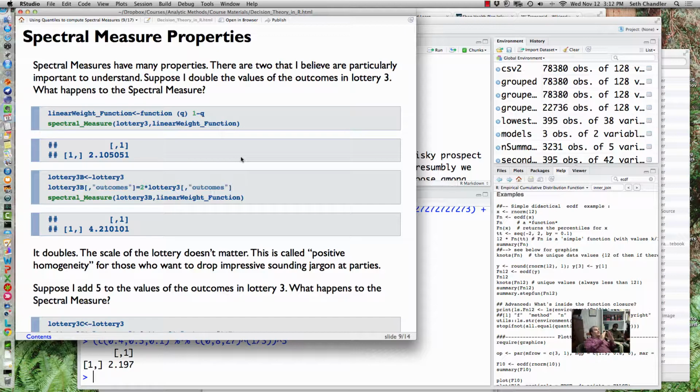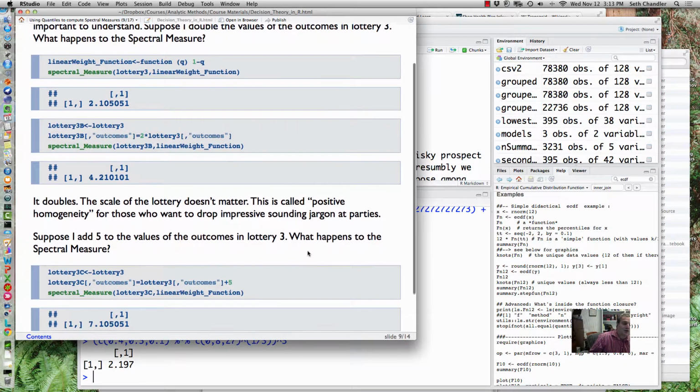Okay? So if I'm using dollars or hundreds of dollars, it doesn't care. And that's actually a potential issue with certainty equivalent wealth, where it's not always the case that if I double all the numbers, I get double the result. And by the way, if you want to be fancy, you say that's a positive homogeneity. It has the property of positive homogeneity.